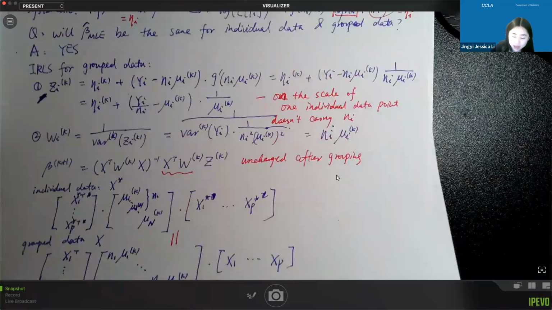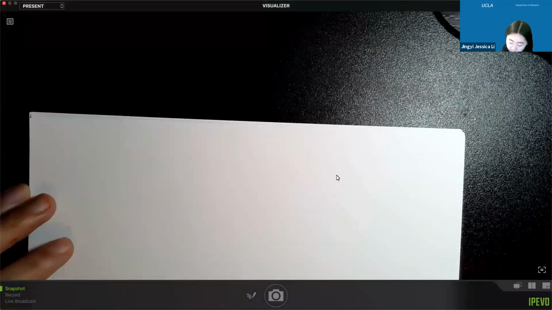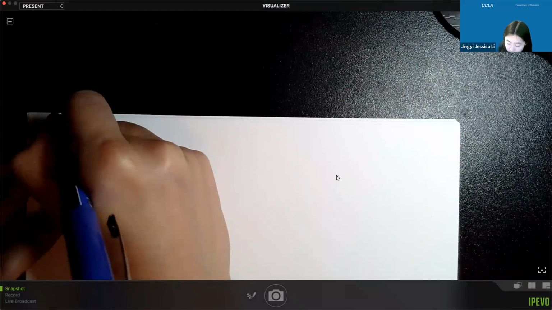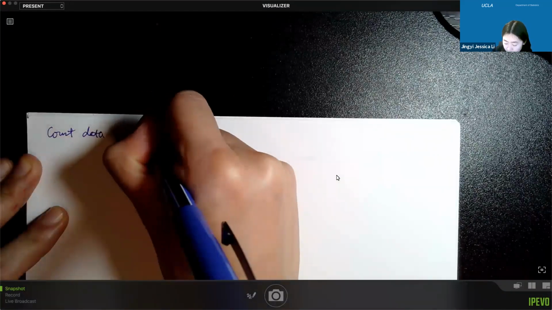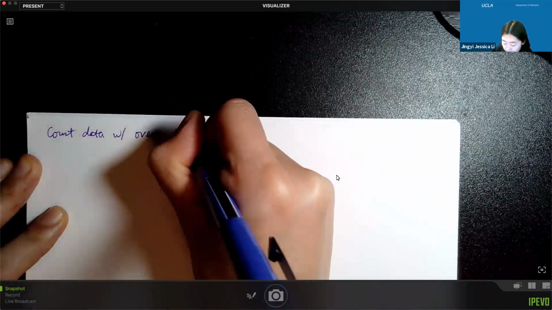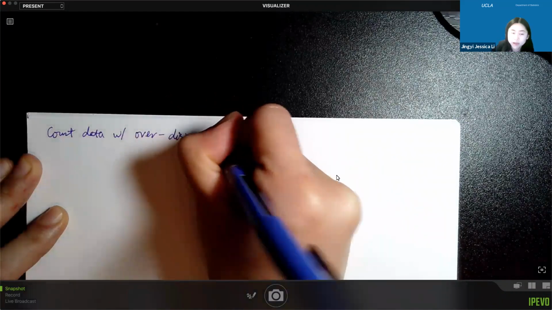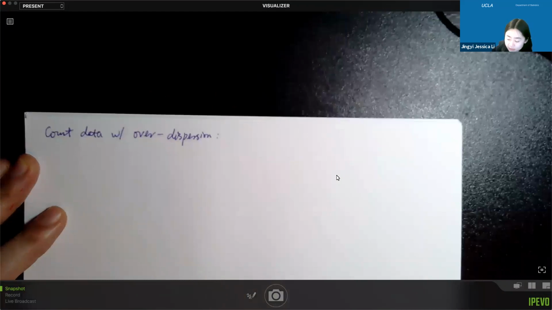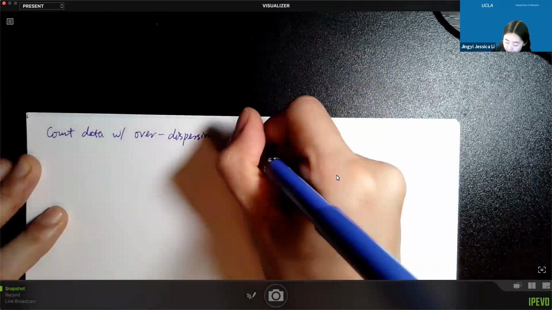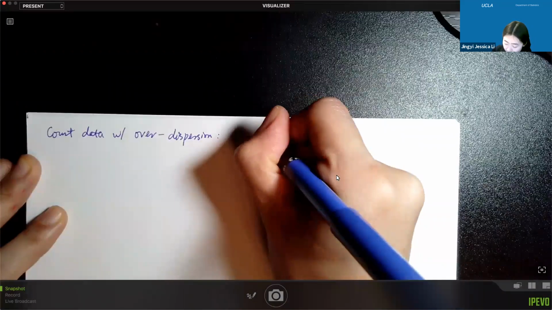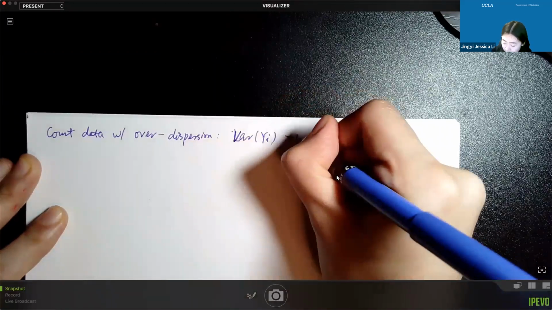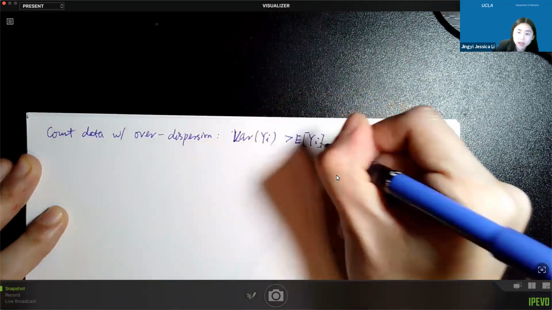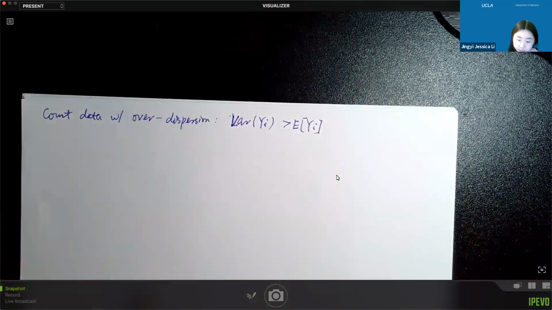So we say that here we could have count data with over-dispersion. By saying over-dispersion, we mean that the variance of y_i is greater than the expectation of y_i, which violates the Poisson assumption.